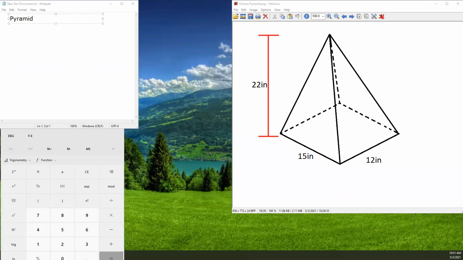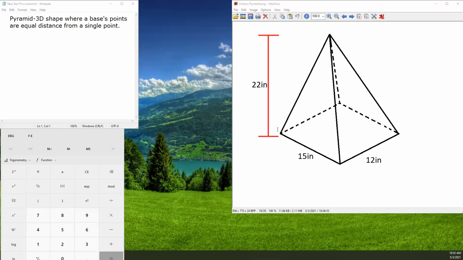Which I guess the best definition of a pyramid would be a 3D shape where a base's points are equal distance from a single point above. Well, I guess above is unnecessary. A single point.